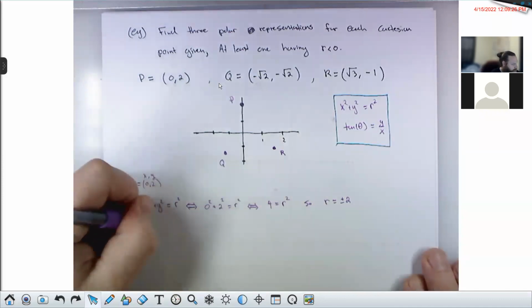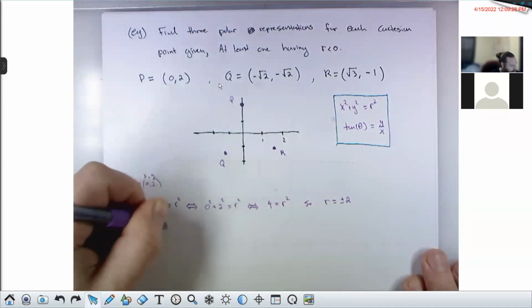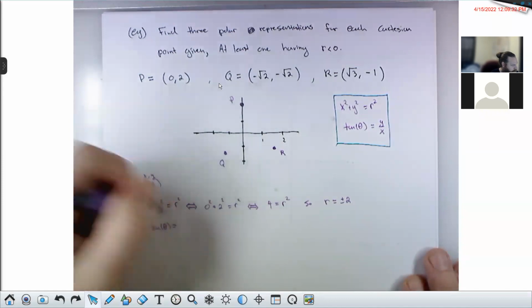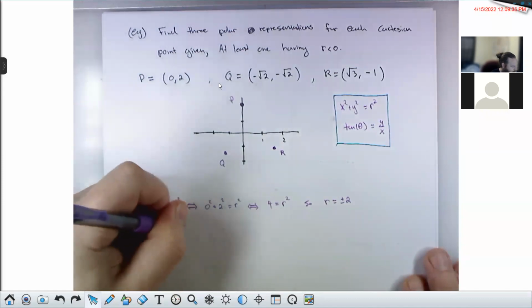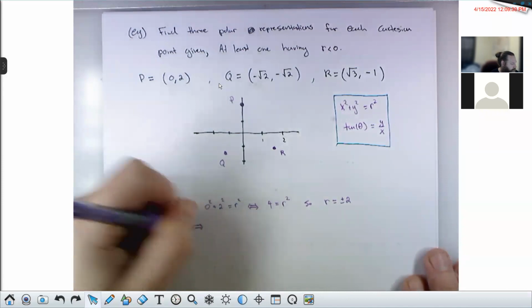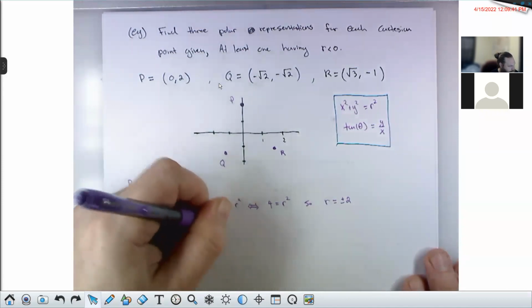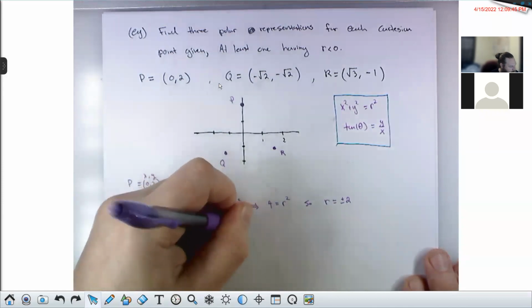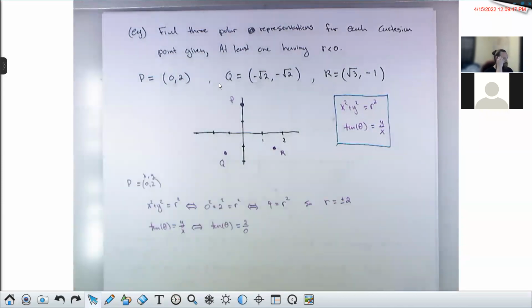We also know that the tangent of theta should be equal to Y over X. Well, here that means that tangent of theta is equal to 2 over 0. And that's a bit of a problem, right?